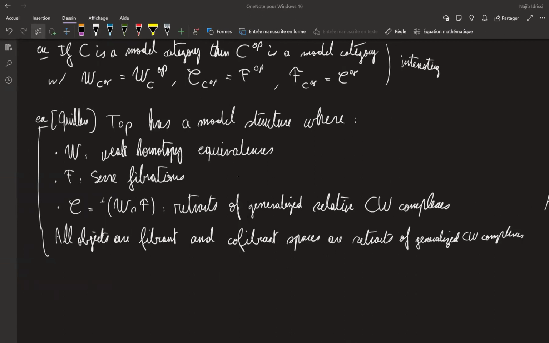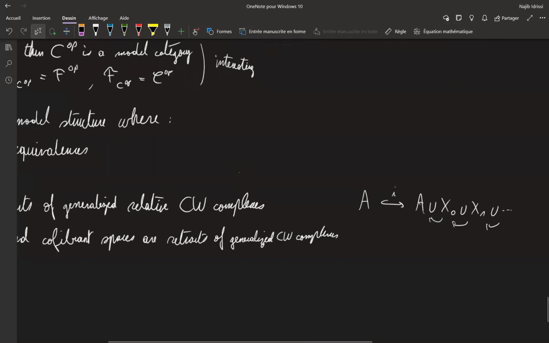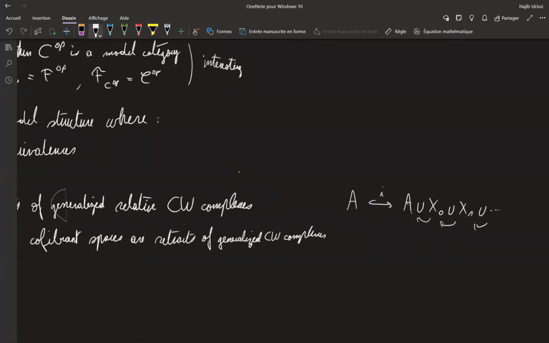With the chat, it's not. I didn't understand what the cofibrations were, but I think this is it. The question is, what are cofibrations? So cofibrations are generalized relative CW complexes. So what is a relative CW complex?